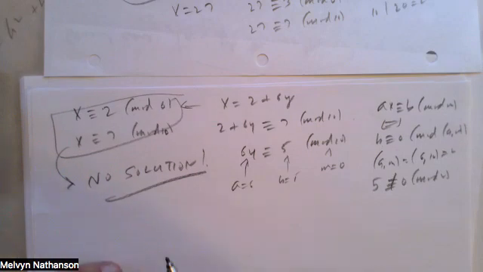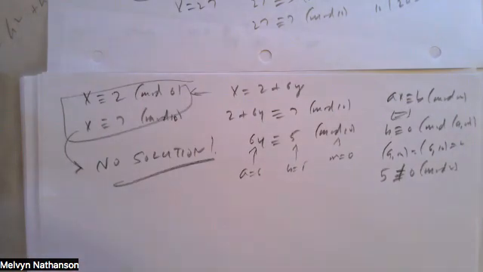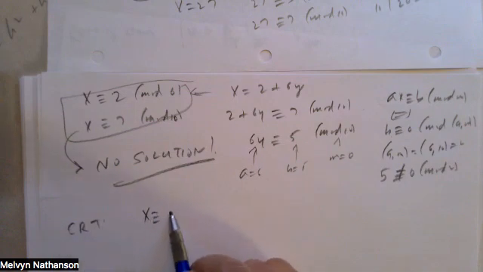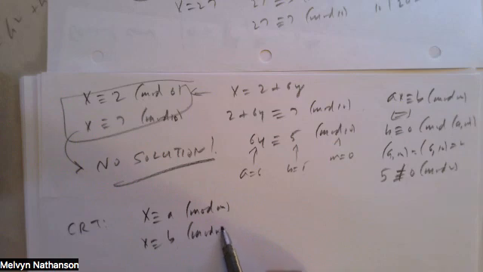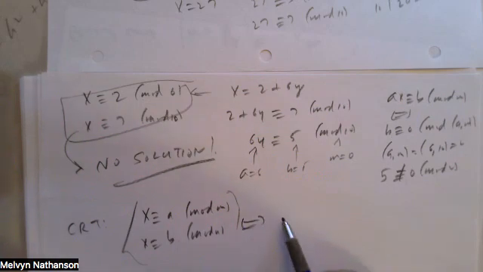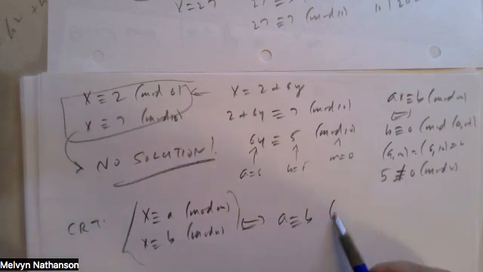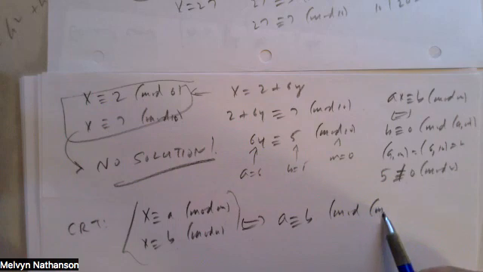And the Chinese remainder theorem tells us exactly when a pair of congruences has a solution. So the Chinese remainder theorem says the following. We have x congruent to a mod m and x congruent to b mod n. There exists an x that simultaneously solves both of these congruences if and only if a is congruent to b modulo the greatest common divisor of m and n.